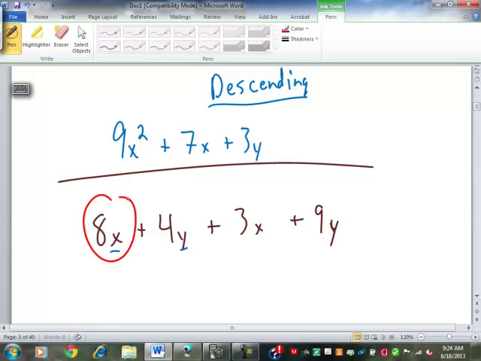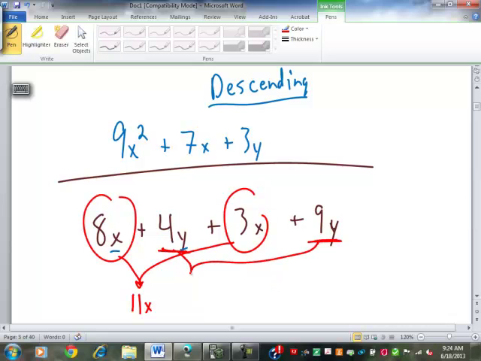We have the 8x and we have the 3x, which are going to combine to make 11x. Good. We have 4y and 9y, which will combine to make 13y. Now, we look at that, we got 11x, we have 13y.